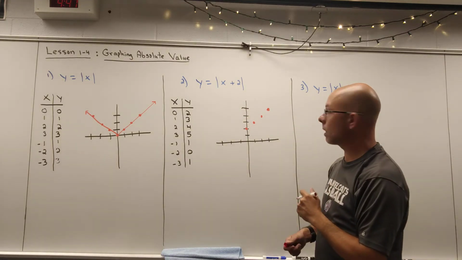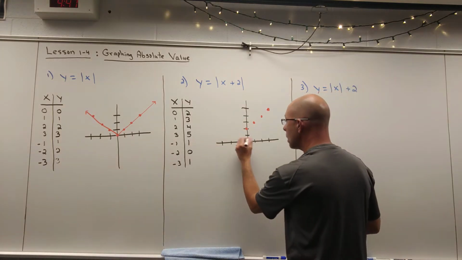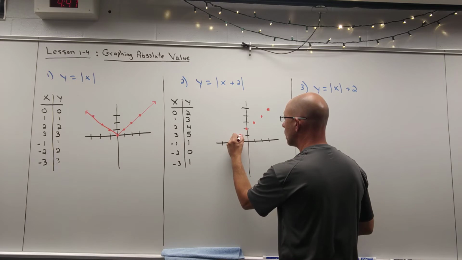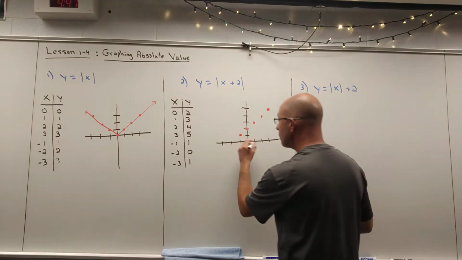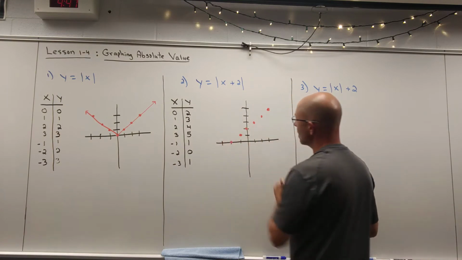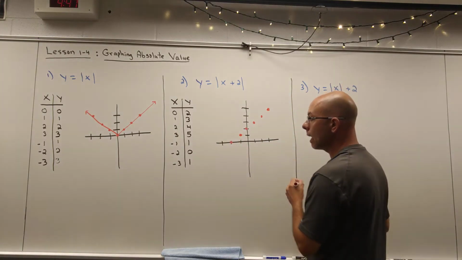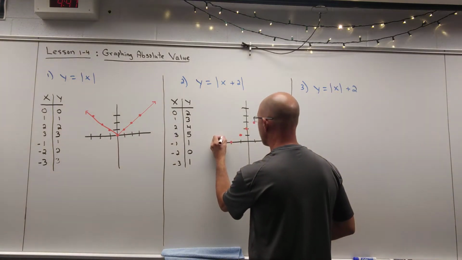So far it looks like a straight line. Negative 1, 1. Okay, a little weird here. Still looks like a straight line. Negative 2, 0. Still looks like a straight line. Negative 3, 1.